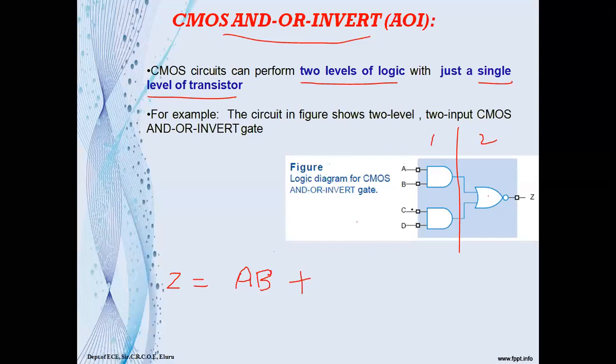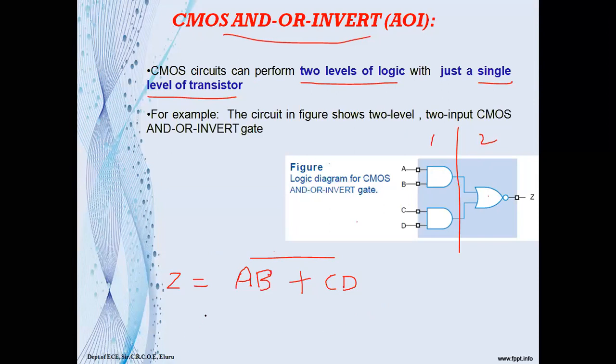The second pair of inputs is C and D. So now AB plus CD, and the whole bar. Why is the expression complemented? Because the output stage consists of the NOR gate, so the output of the NOR gate is a complemented output. So the logic expression for the given circuit is Z equals (AB plus CD) bar.